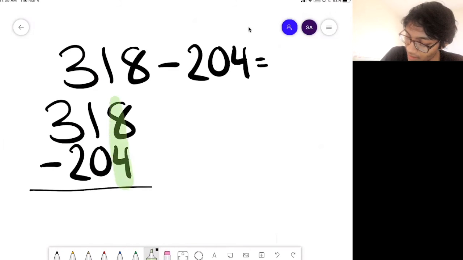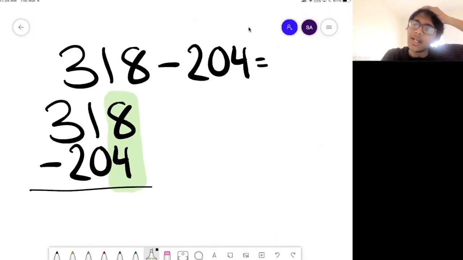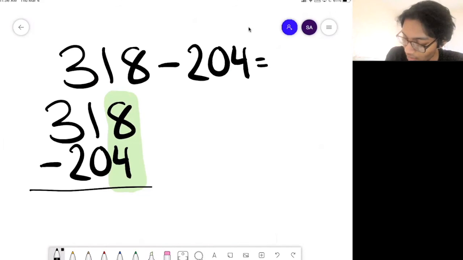My first column is 8 minus 4. What's 8 minus 4? Well, you have 8 in your head, have 4 fingers, count backwards. So 8, 7, 6, 5, 4. So 8 minus 4 is 4.